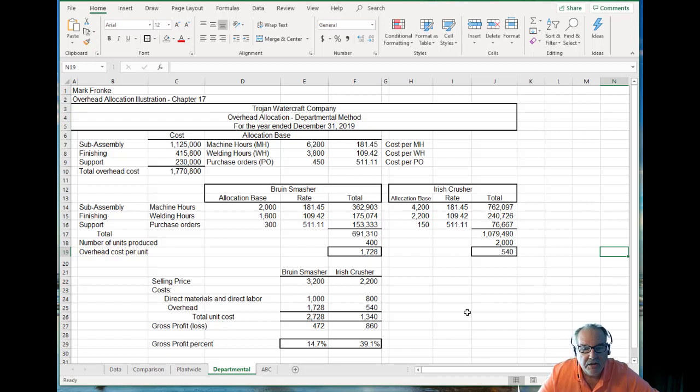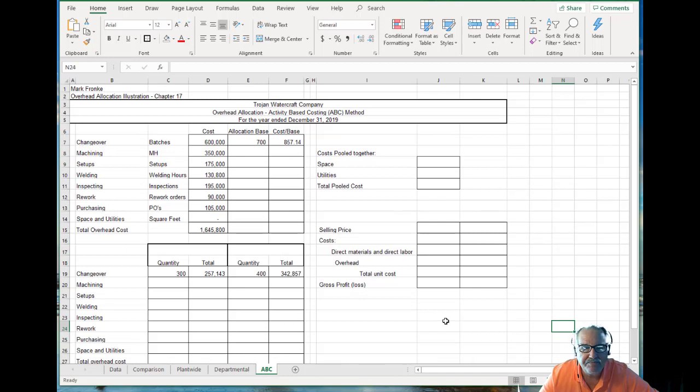Okay, so to take the next step is to go to activity-based costing. And I've got a sheet for activity-based costing labeled ABC.